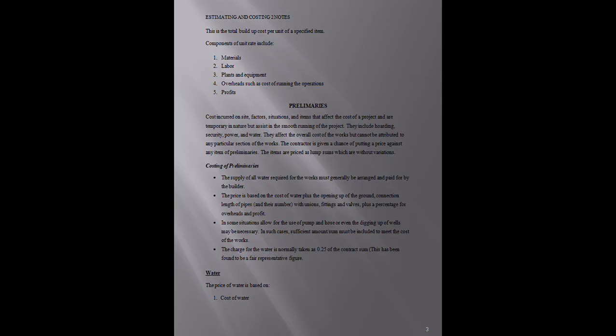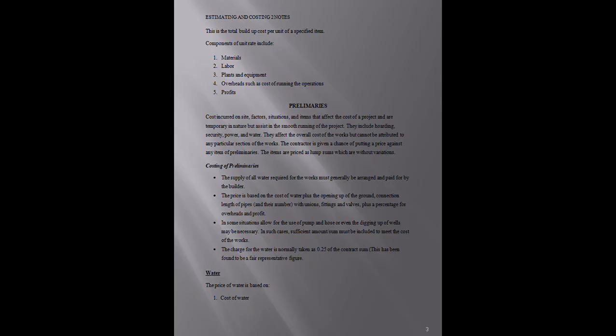Next, in some situations allow for the use of a dump and hose, or even the digging of wells may be necessary. In such cases, a sufficient amount must be included to meet the cost of the works. And last but not least, the charge for water is normally taken as 0.25 of the contract sum. This has been found to be a fair representation of the figure.